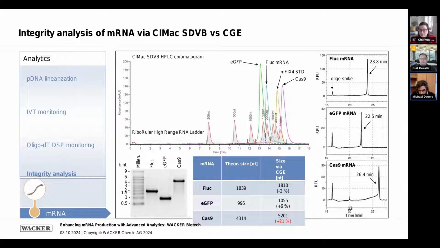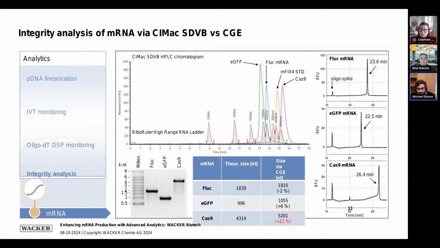However, your mRNA is also separated by hydrophobicity, and that means if you have two different RNAs of the same length but different nucleobase content, you basically have a different retention time. More hydrophobic RNA will elute at a later time point, and that's why you cannot use this method. For example, the Cas9, which is around 4,500 nucleotides, comes down behind the 6,000 nucleotide peak of the high range RNA ladder.